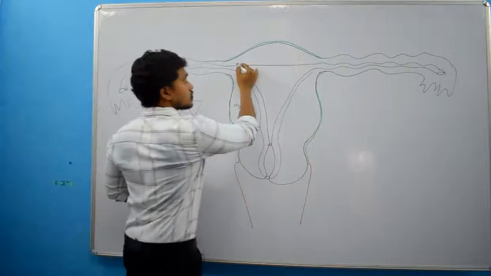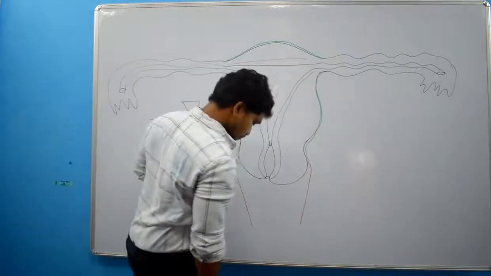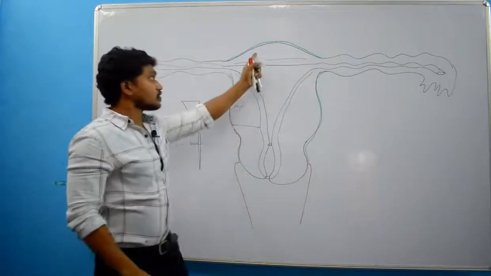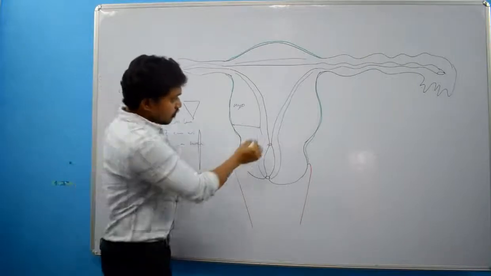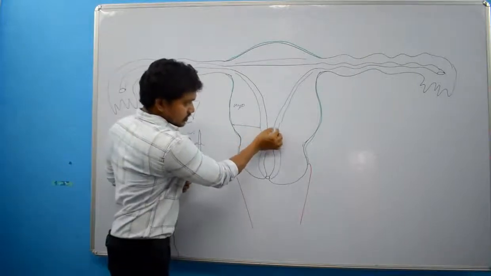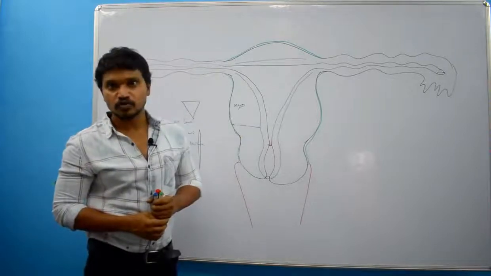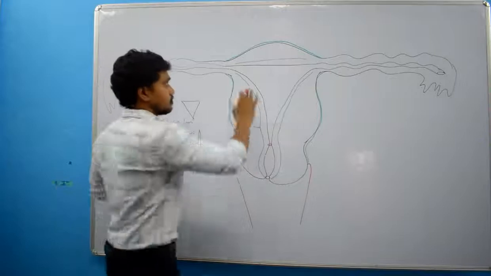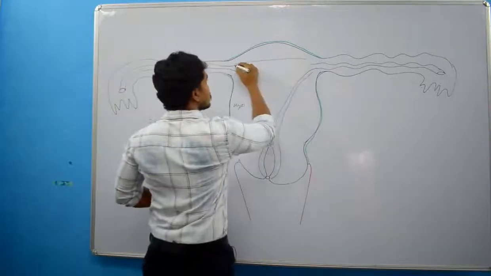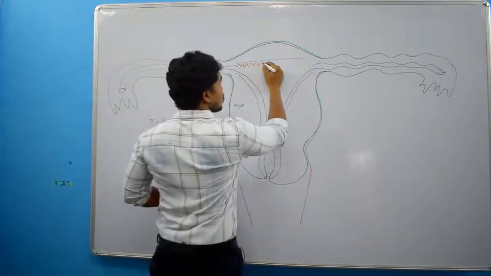Of course, here also this is the myometrium, and then you can find the thin innermost layer. That innermost layer we call the endometrium.